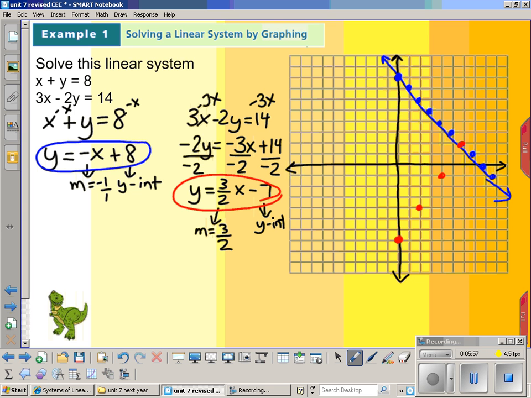It's where x is 6 and y is 2. So the solution of this region is (6, 2). And it's very important that you don't just graph it and leave it, that you actually indicate what your intersection point is. So it's (6, 2).